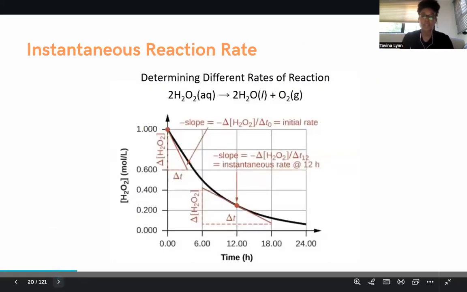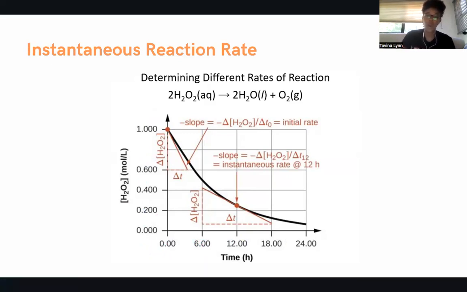So going back to our hydrogen peroxide example, here is a graph. So that same data that we saw in the last video, right, in a table format, they've graphed it. So we have time on our x-axis and we have concentration of hydrogen peroxide on the y-axis.